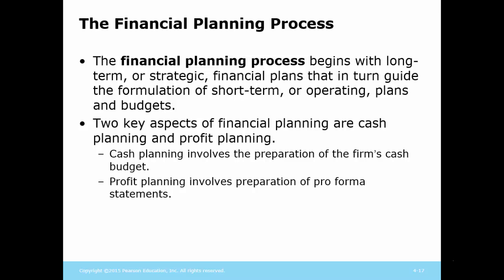So in general, financial planning has really two objectives or two aspects. There is a cash planning component. We want to understand what the company's needs are for cash, both on the short term and the long term. We also want to understand what they refer to as profit planning, which is a more long-term forecasting of financial statements.